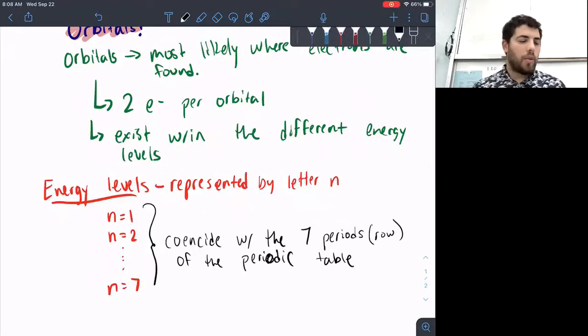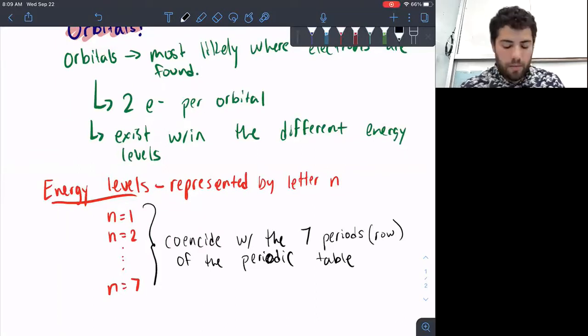So when you're looking at the periodic table, you can generally know what energy level an atom has, up to, if you just look at the period it's in. So an element in period 5 will have n equals 5 as its largest energy level.